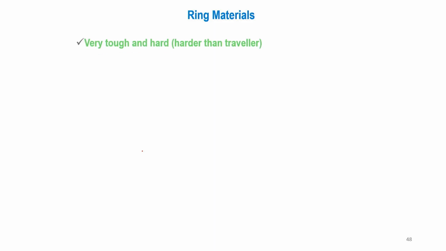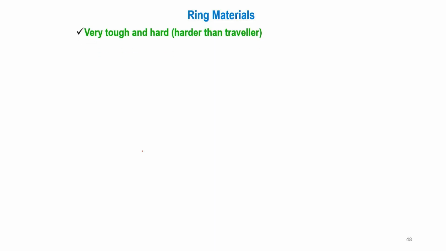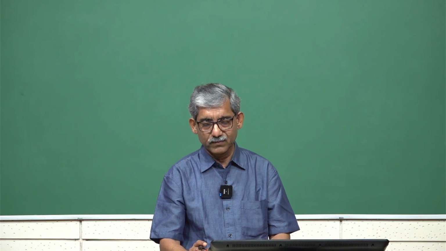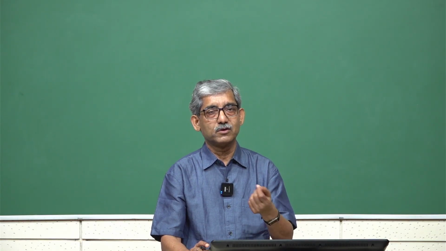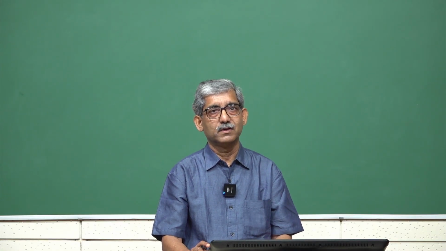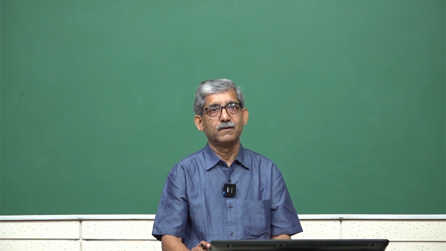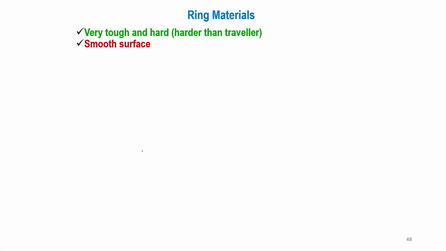Now, ring material. The ring should be very tough and hard, harder than the traveler. The traveler is a smaller component which can be replaced quickly if damaged, but the ring should run for a longer time. Its surface should be smooth, but not too smooth.